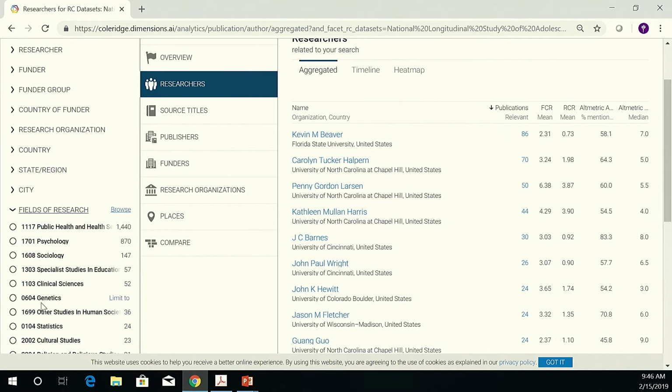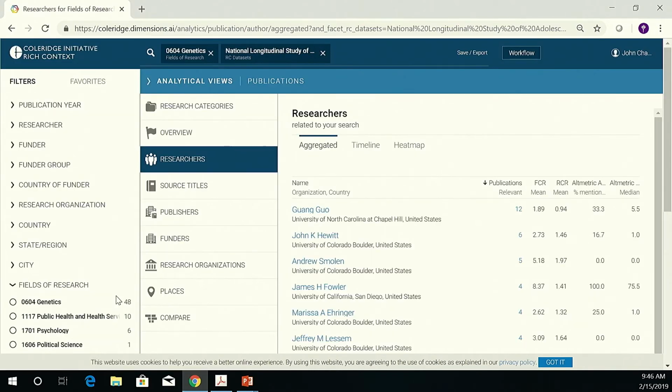And let's say I am a genetics researcher. So now we've limited those publications we're looking at to genetics publications that we've tagged as being related to genetics using this particular data set.